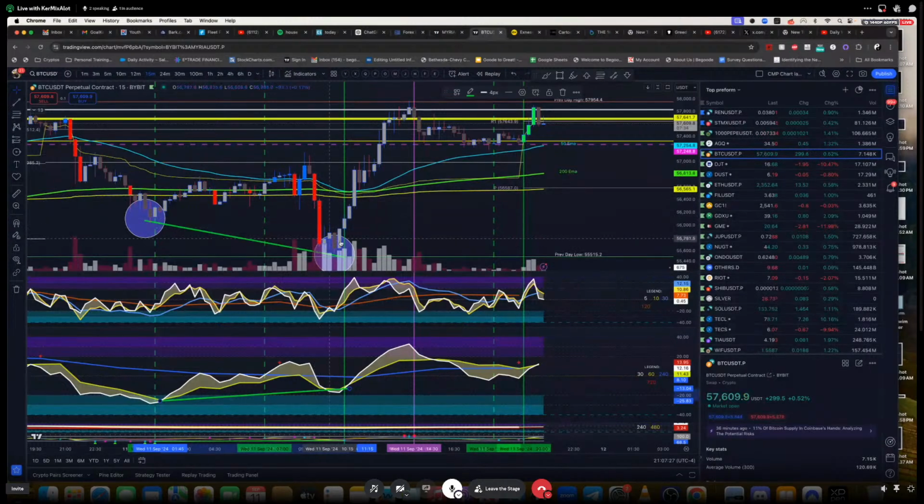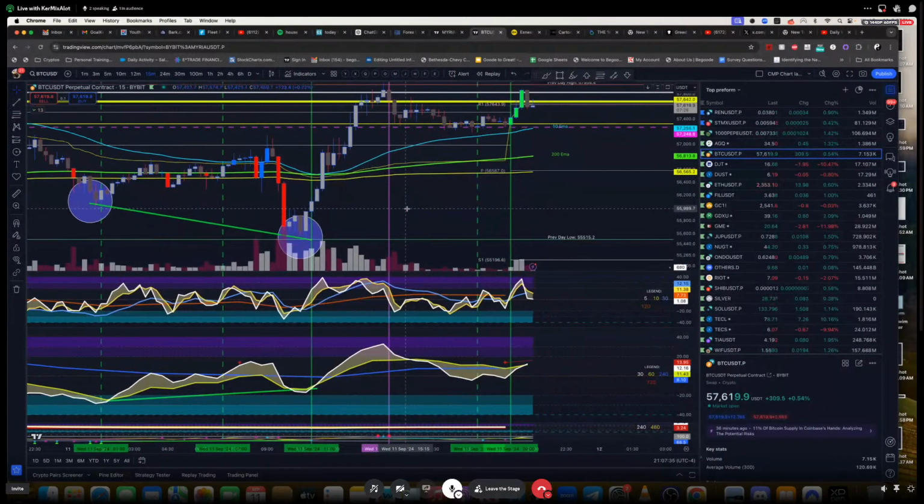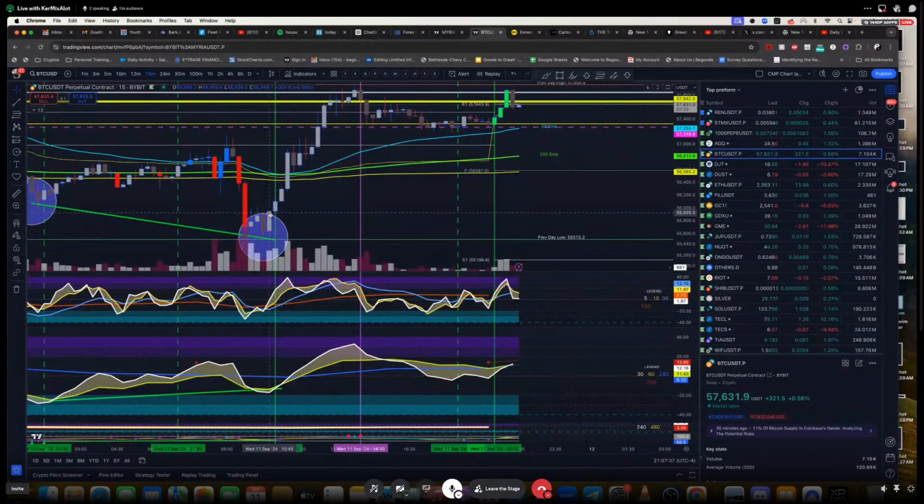This is it right here. And as soon as this is a reversal candle, I'm going to kind of open that up a little bit. You have a bullish engulfing candle after you had the printed bull div and the 30-60 started turning up here.